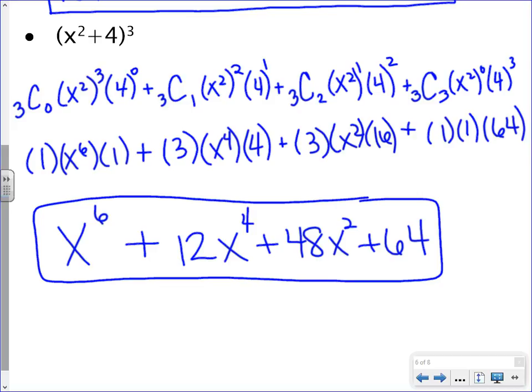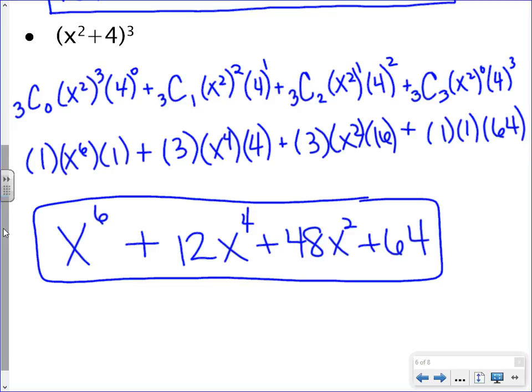Now, this is what I want you to notice. If I'm looking for the third term in this, is the third term 3 combinations of 3? No. Our first term begins with 3 combinations of 0. So our third term is going to be 3 combinations of 2.